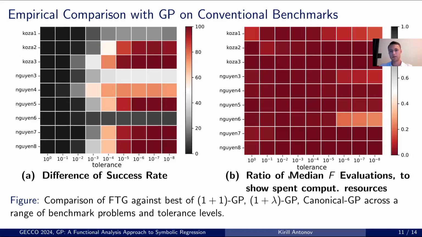On the right, we see the ratio of the computational resources spent to reach the corresponding value of tolerance. The more red the value is, the more FTG wins. So we see that FTG spends much less computational resources, and therefore we can conclude that FTG outperforms conventional GP on these benchmark problems.